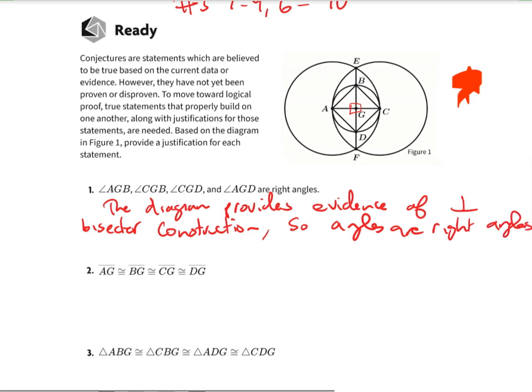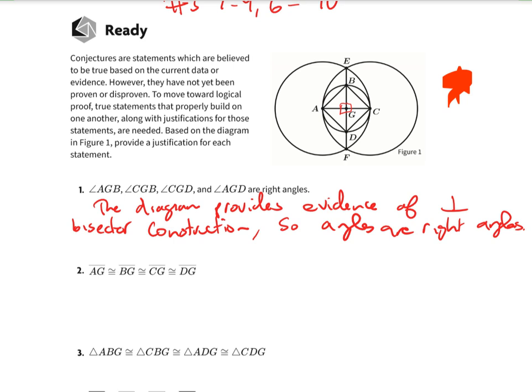Ooh, handwriting's getting worse. Okay. AG, BG, CG, and DG. So that's basically taking a look at all of these, this, and this. That's what we want to prove.